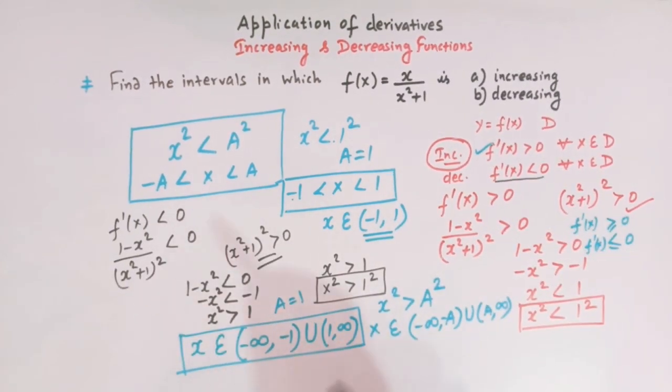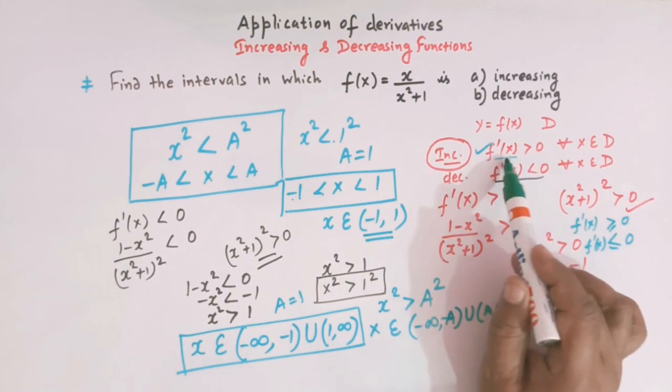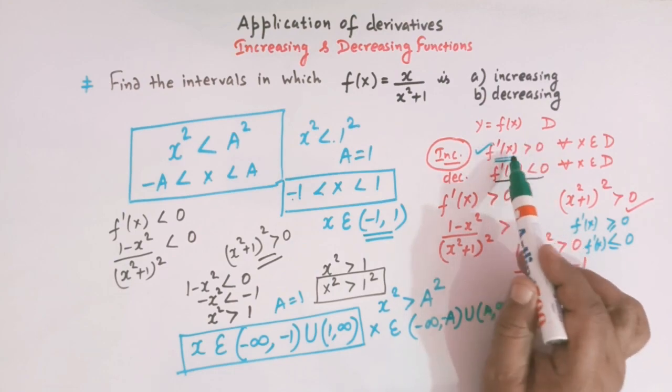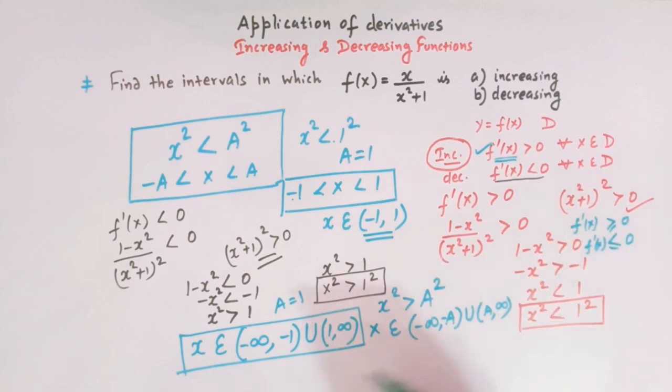And the only difference between increasing and strictly increasing is that when we do not take the equality sign here, then we say that the function is strictly increasing, and when we incorporate the equality sign here, then we say that the function is simply increasing.